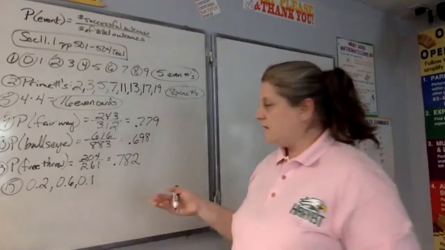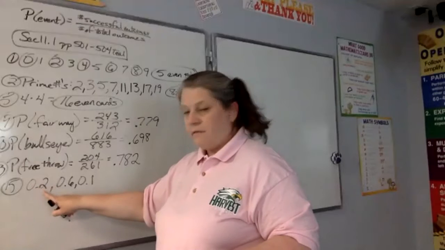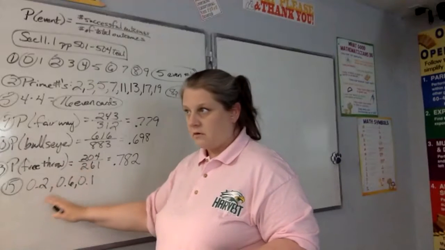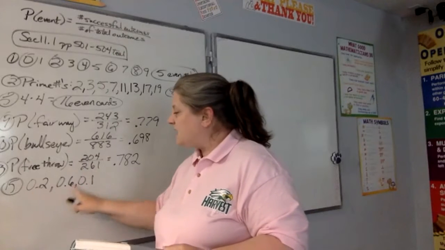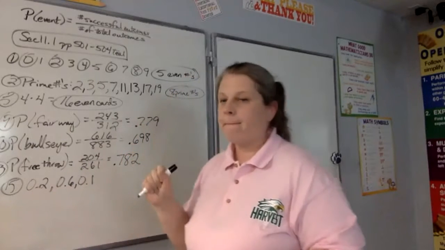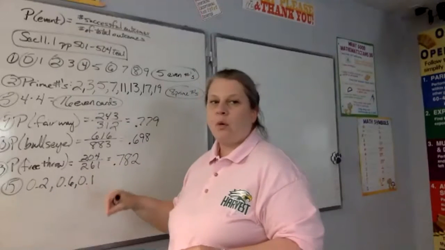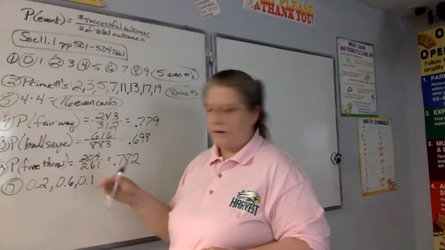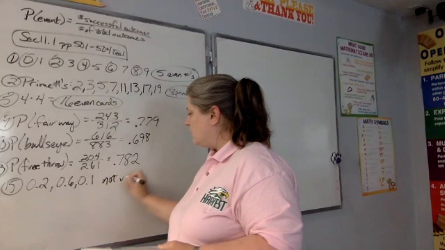Yes, they're all between 0 and 1 because they're all a fraction of a whole. They're all part of a whole. Do they add to equal 1? No. If I add this and this and this, I get 0.9. I don't get 1. So they are not valid.